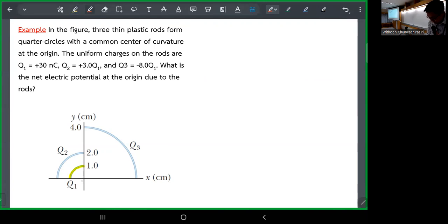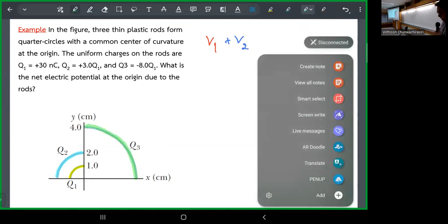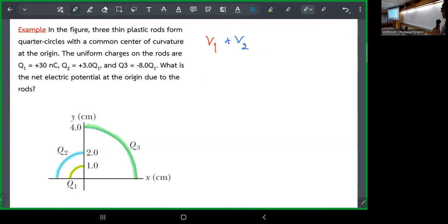Then Q2 is at 2 centimeters from the origin, and it gives you V2. The last portion is at 4 centimeters, and it gives you another potential, V3. There you go, see?